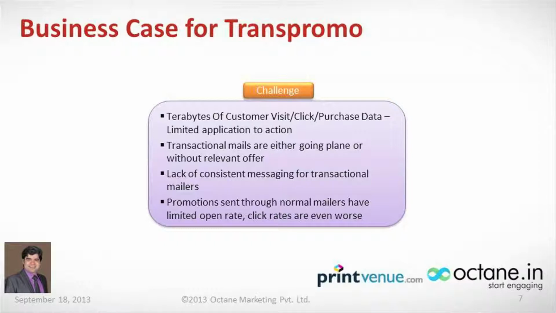Although we are collecting it in real time, it's used in future mailers, future campaigns, and future promotions through different channels, but the real-time application is missing. On the other hand, when the order has been placed, those transaction mails are very plain. They don't contain offers, they just consist of the item you have purchased, its price, and the expected dispatch date. These are the 3 main details I would expect to see on a transaction mailer.